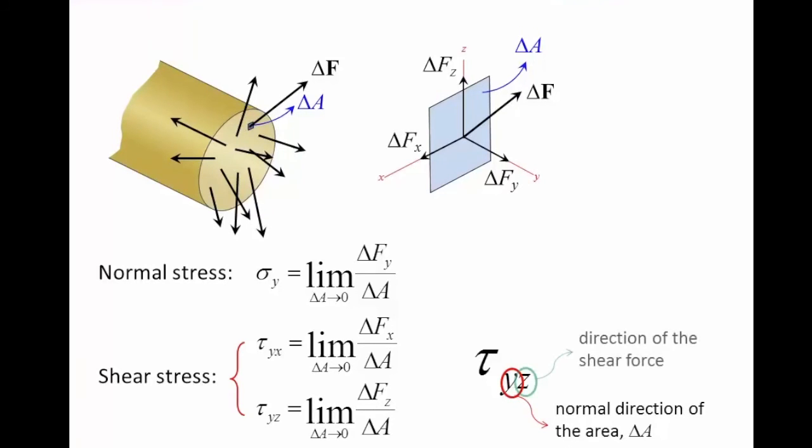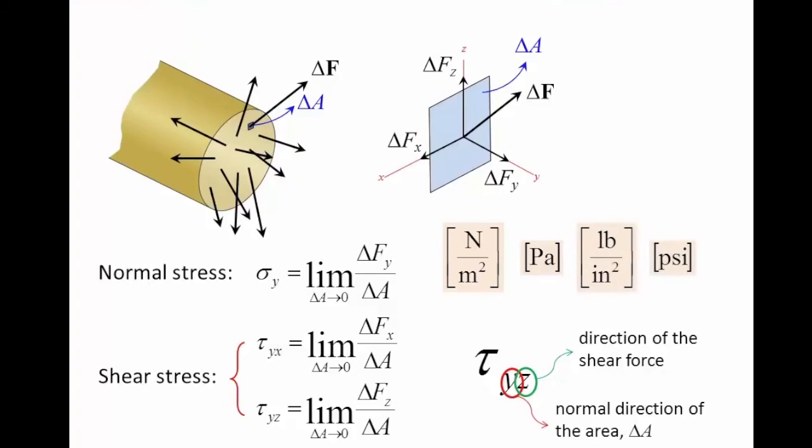Then, the second subscript indicates the actual direction of the shear stress vector. Since stress is defined as a force over area, in the SI unit system, its unit is Newton over meter squared or Pascal, and in the US customary unit system, its unit is pound over inch squared or PSI.